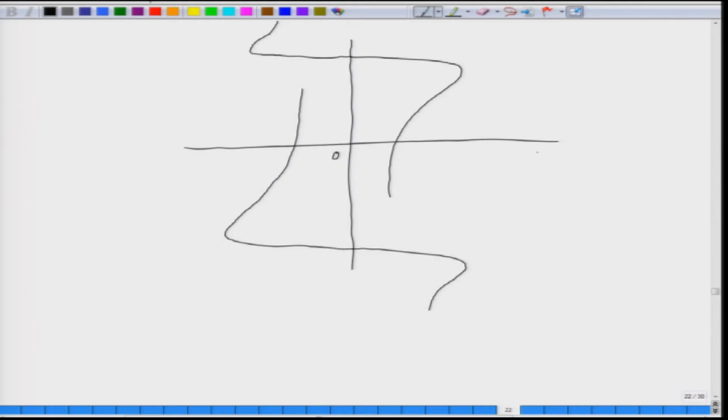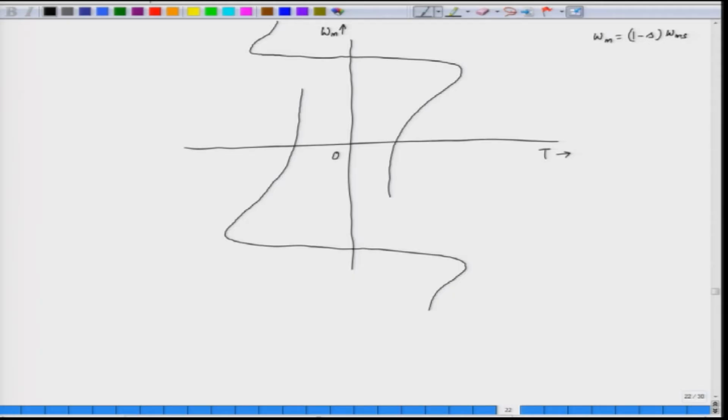In the x axis, we take the torque. In the y axis, we take the speed. And you know the speed and the slip are related. Omega m is equal to (1 minus s) into omega m s.